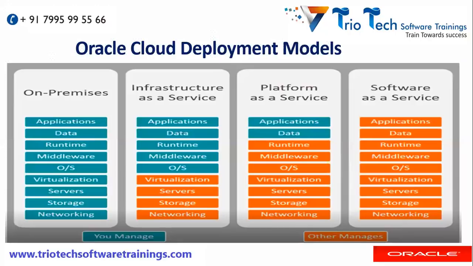We term this approach software as a service, where Oracle serves and maintains the whole cloud application, and the only thing the business does is enter their details on the application and run it for the transactional data.